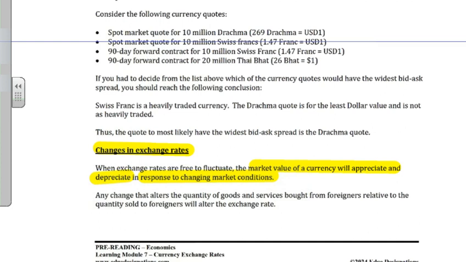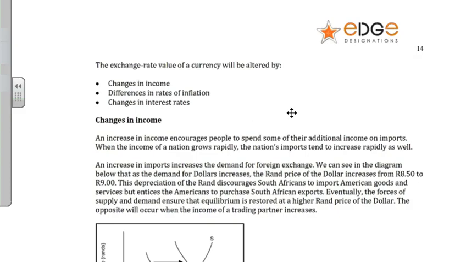Any change that changes the quantity of goods and services bought by foreigners relative to what is sold to foreigners, and as you can see, guys, it's a little bit of supply and demand at play here. Okay, on page 14, the exchange rate value of a currency will change when people's incomes change, when there are changes in inflation rates, and when there are changes in interest rates.